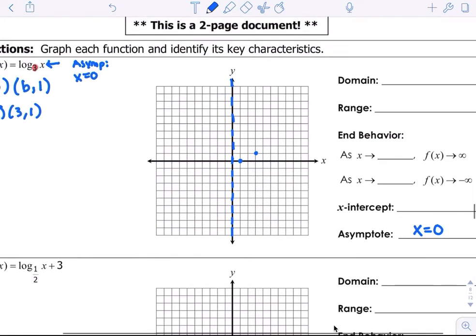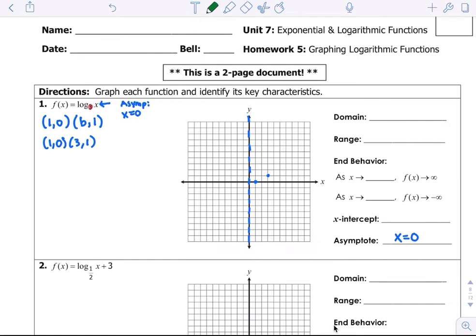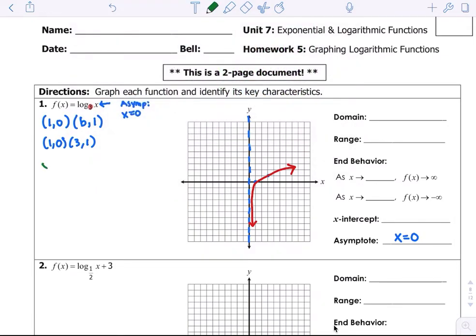Next, let's find our x-intercept. I'll do this in a different color. We'll do green. Oh, let's graph this. So your graph looks like that. Now let's find your x-intercept.